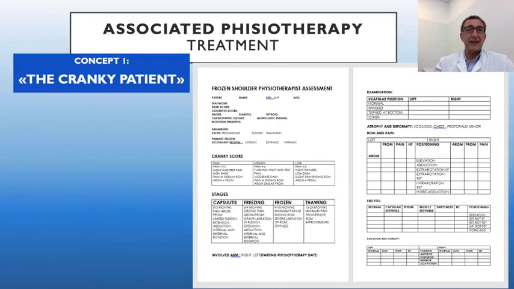We understand that we need an assessment. So we started a dialogue with my physiotherapist, and we looked at how we could talk about this, how we can make it.